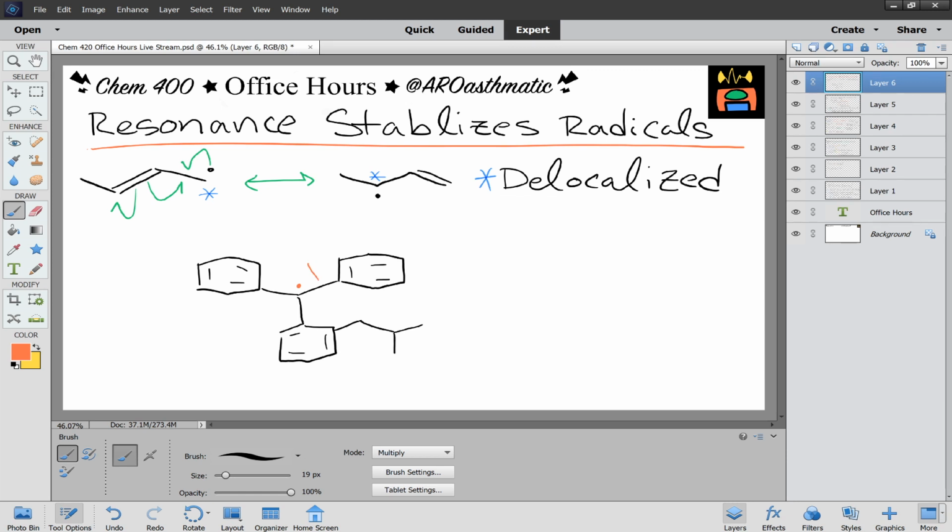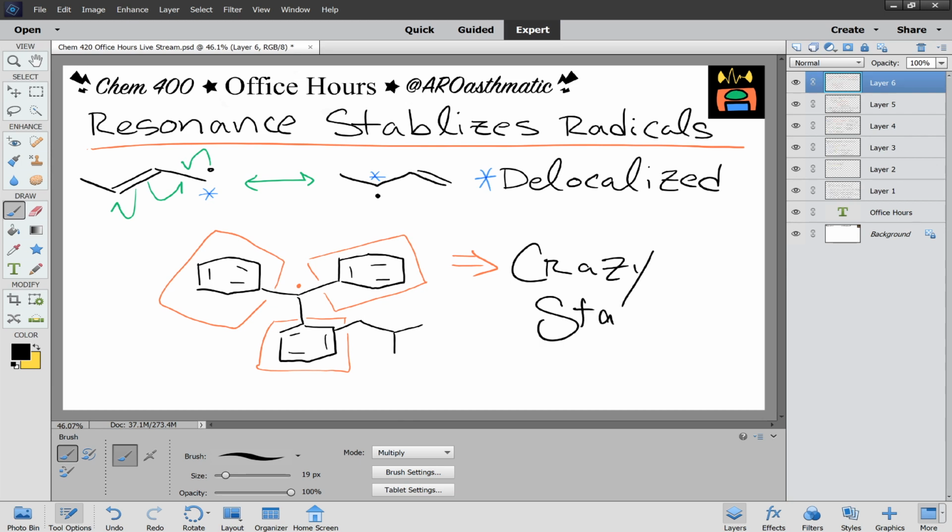You can see that this radical, if it forms here, would be stabilized by 3 aromatic rings, making it crazy stable. Far and away more stable than any other site on this compound where you could do a hydrogen abstraction.